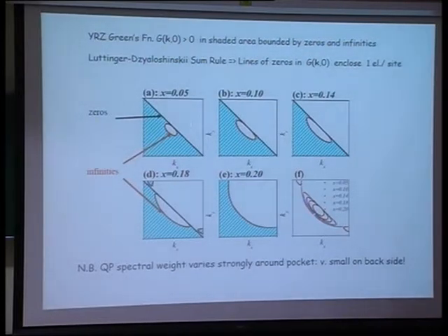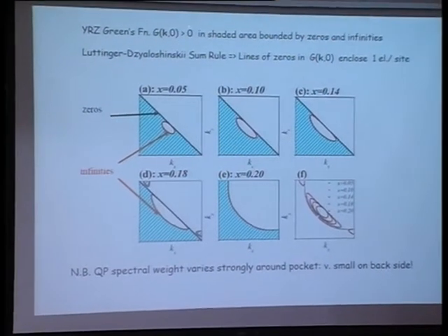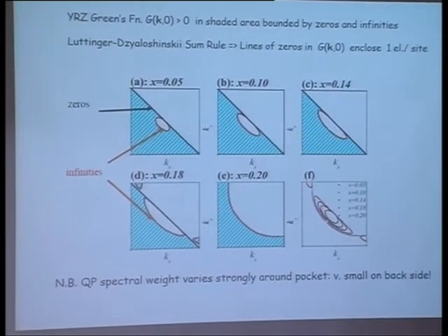Now, this form then, when we look at what it gives us for the dispersion in K-space, you see this form here, the Green's function at omega equal to 0. At omega equal to 0, our self-energy vanishes along this line here. That's what we chose, this just nearest neighbor form for the energy dispersion in the denominator. So it vanishes along this line. I mean, the denominator in the self-energy vanishes, the self-energy diverges, so the Green's function itself has a zero along this line.